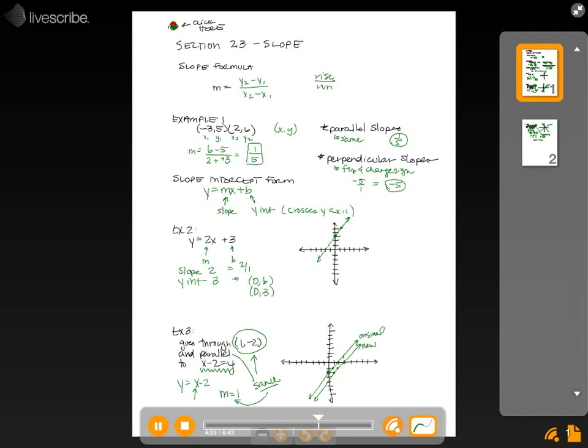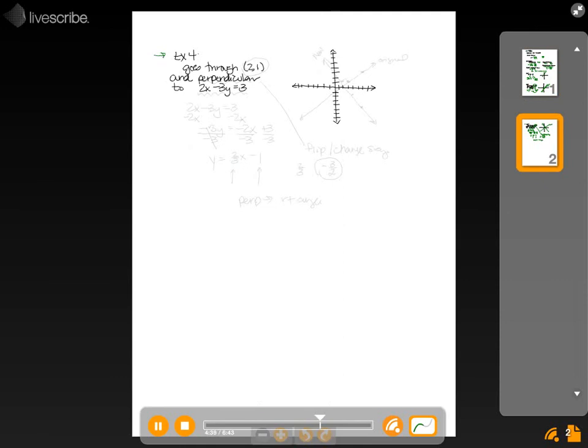Now our last example here, example 4, same idea as example 3, except we want perpendicular this time. It says goes through 2, 1, and perpendicular to 2x minus 3y equals 3. Well, first thing we need to do is get that original line into slope-intercept form. 2x minus 3y equals 3.